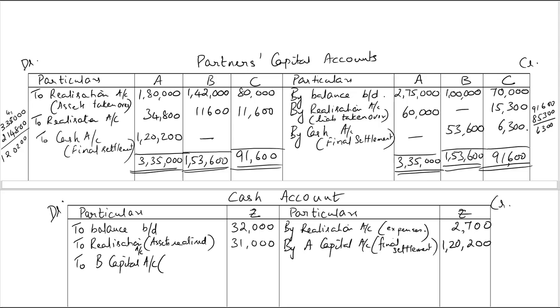To B capital account for the final settlement, cash brought in by partner B is 53,600 rupees, and cash brought in by partner C, ₹6,300.